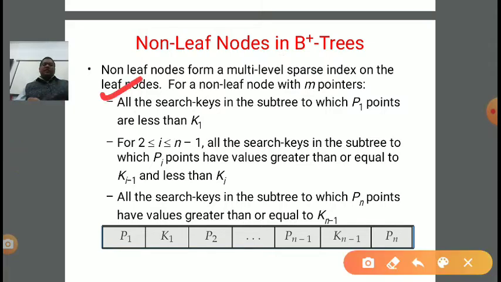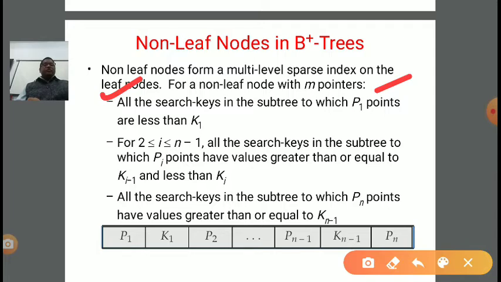Suppose I have a particular non-leaf node, and that node has m pointers. Then all the search keys in the subtree to which p1 points are less than k1, right?